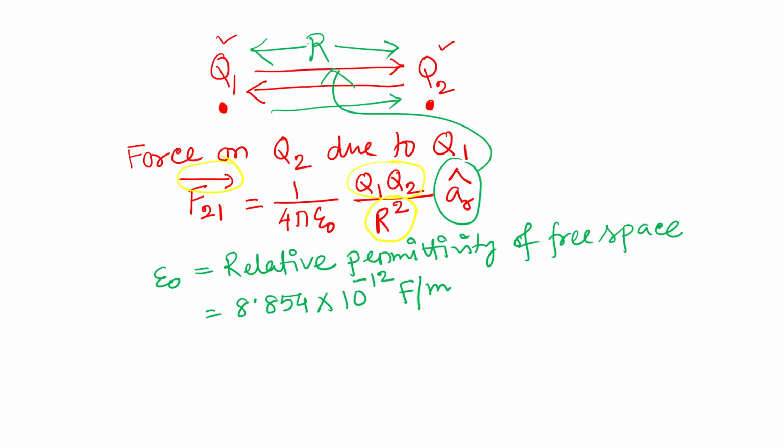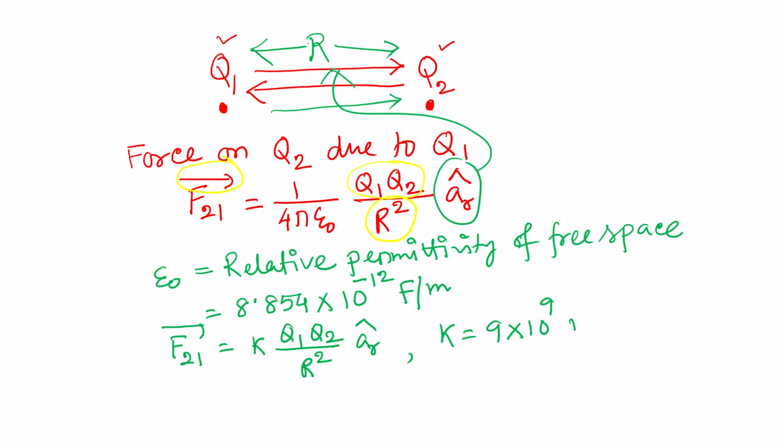Some people also represent Coulomb's law in this way: F21 vector equals K into Q1 Q2 divided by R square into AR cap, where K is a constant equal to 9 into 10 to the power 9 meter per farad.